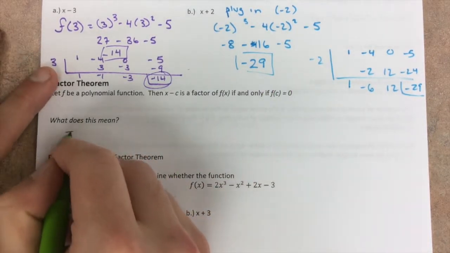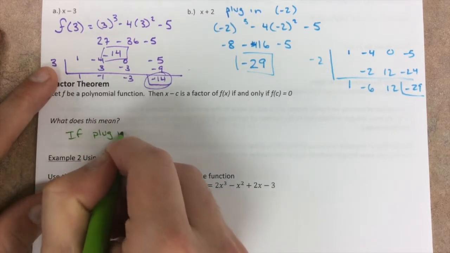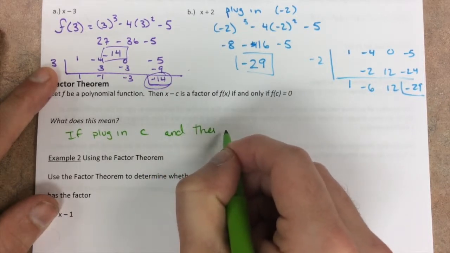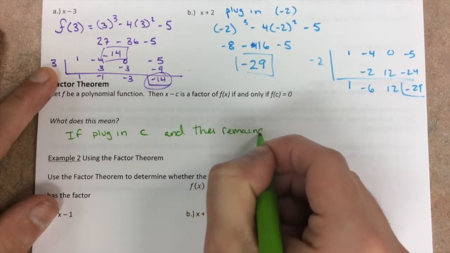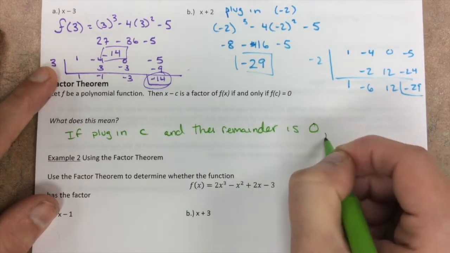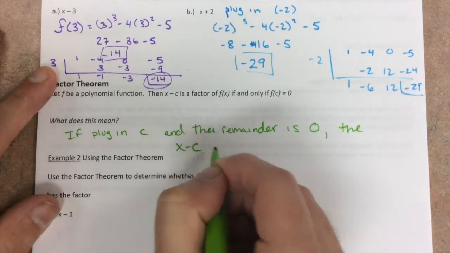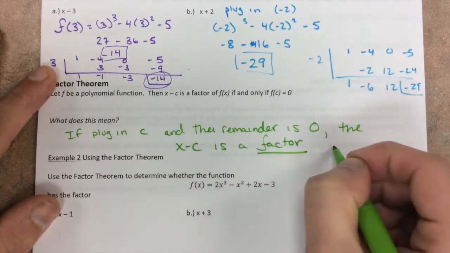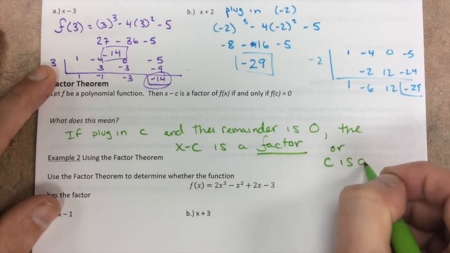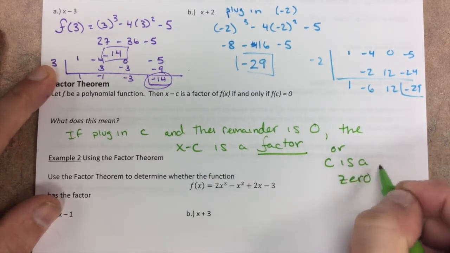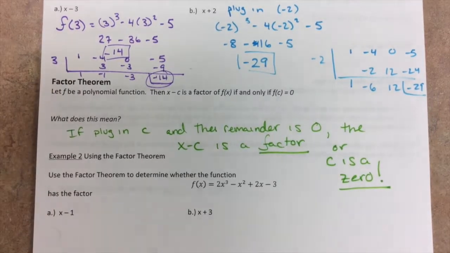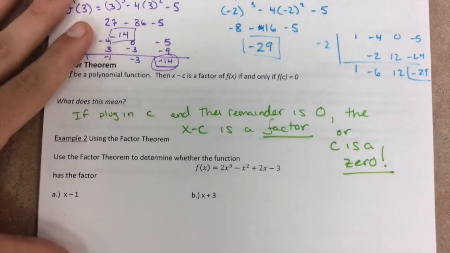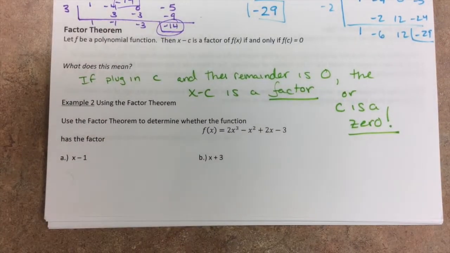So if you plug in c and the remainder is 0, then x minus c is a factor, or c is a 0. And that's what we want. We're going to be looking for our zeros because that's how we build our polynomials, and that's how we solve our polynomials.